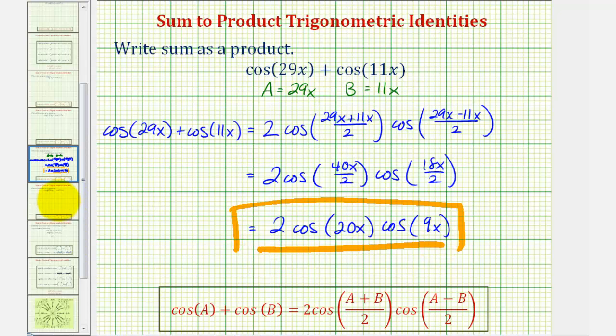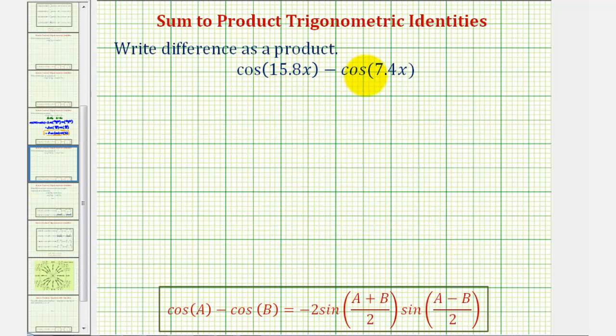Looking at our next example, here we have a difference, and looking at our identity, A is equal to 15.8x and B is equal to 7.4x. And now it's just a matter of performing substitution.